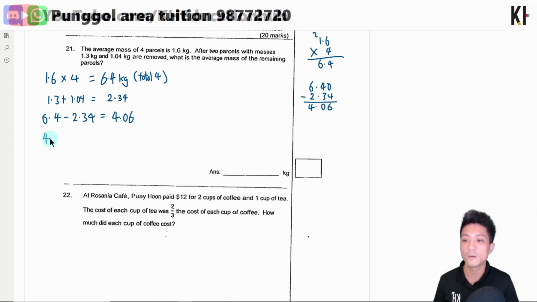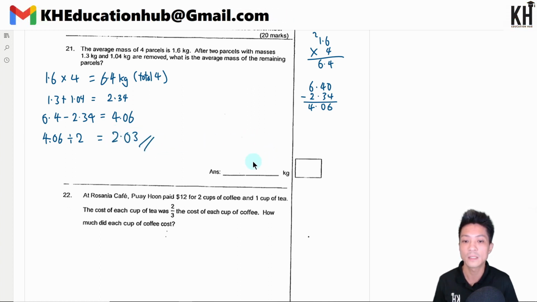And then after that, 4.06 divided by 2 to find the average, right, will give me 2.03. So this will be the answer of the average mass of the remaining parcels.